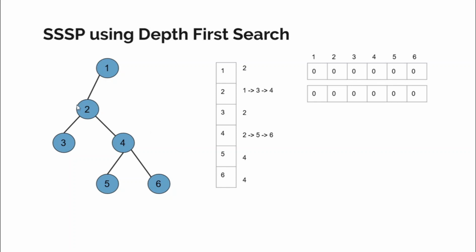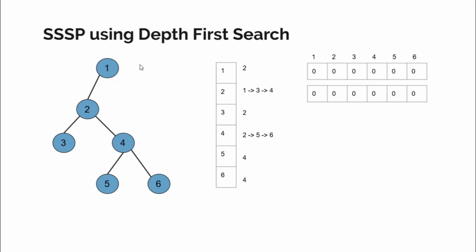And what is the distance? Distance is the total number of edges you have to traverse going from the source vertex to the destination vertex. So the shortest distance from node 1 to 2 is 1, as you have to traverse a single edge to go from source to destination.